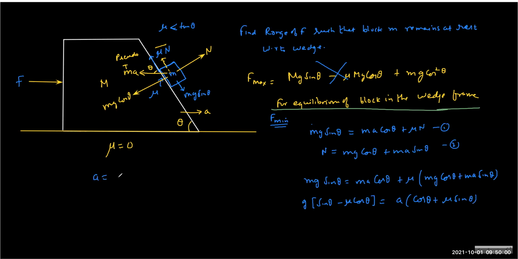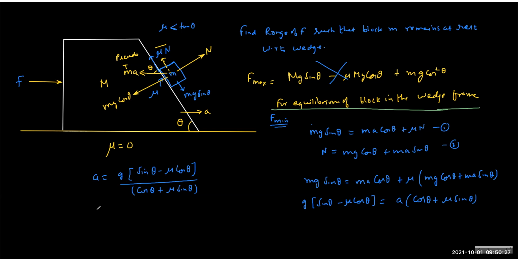So the acceleration that we are getting for the system is very straightforward. And now this is meaningful. Now you can clearly see that if I put mu equals 0, I'm exactly getting the answer that we had in the laws of motion, g tan theta.